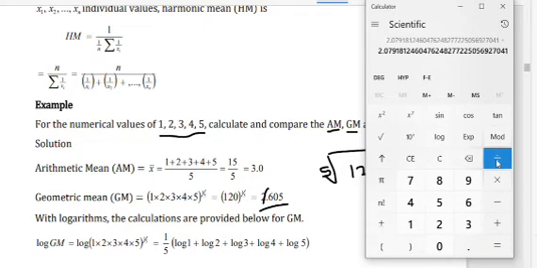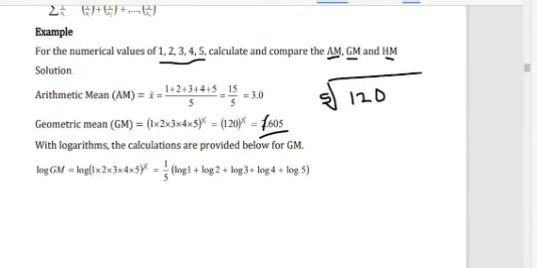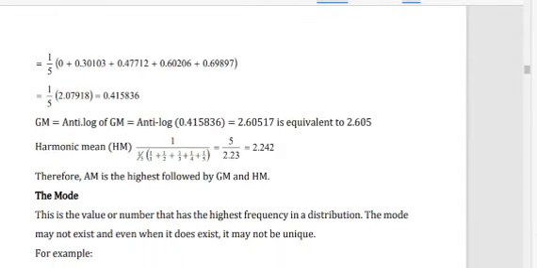Then I'll divide that by the total number, 5. So that gives us 0.41. So you are going to take the anti-logarithm of 0.41, the exponential of 0.41. And that gives us 2.60517, which is the same as 2.605, the same result as what we got in the first part. Okay, that's for the geometric mean.